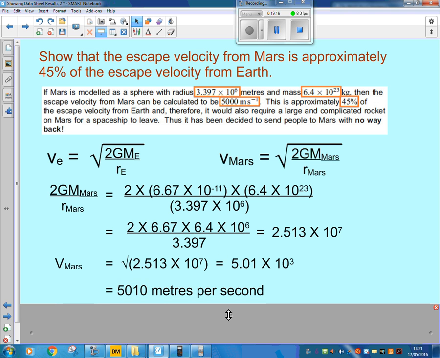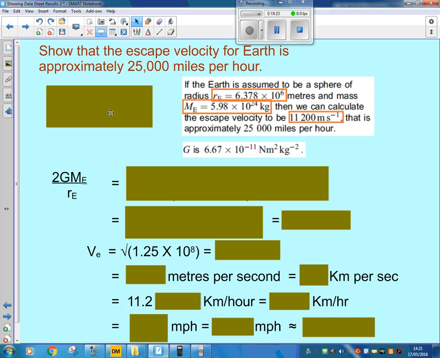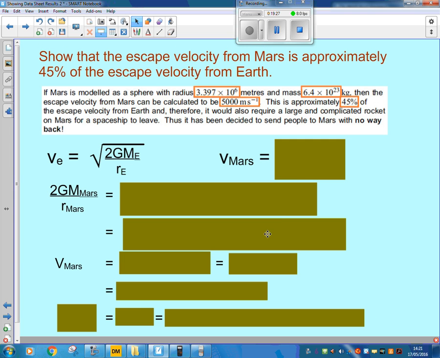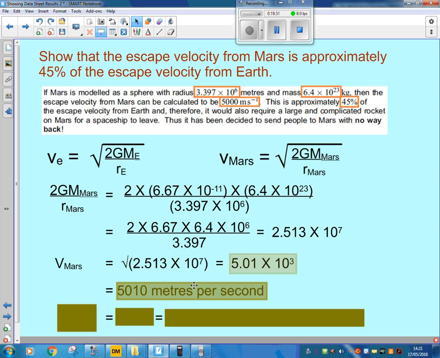So now compare it with Earth. We looked at Earth, we found 11,200 meters per second. So on Mars, we've got to compare 5,010, we want that as a percentage of 11,200.